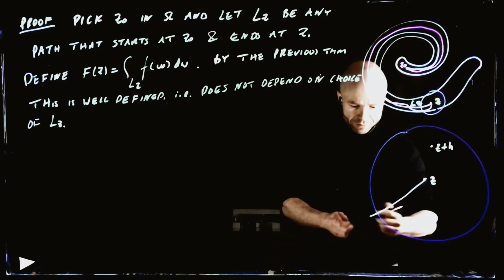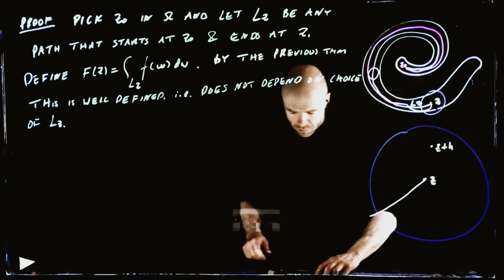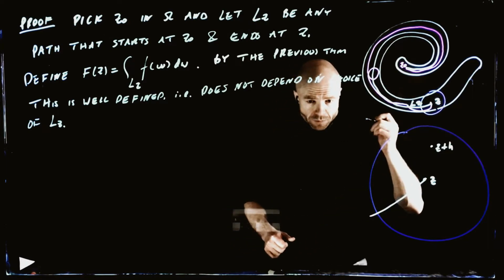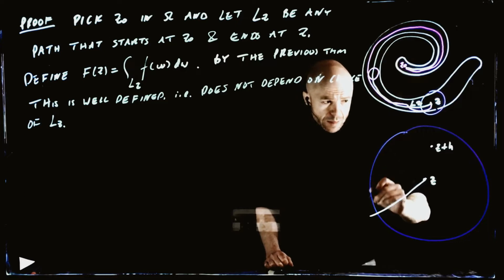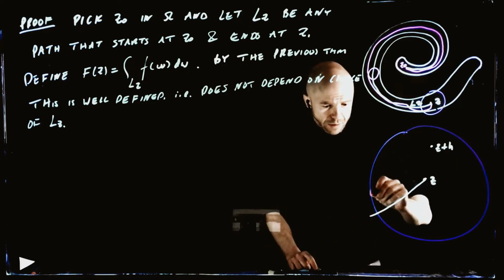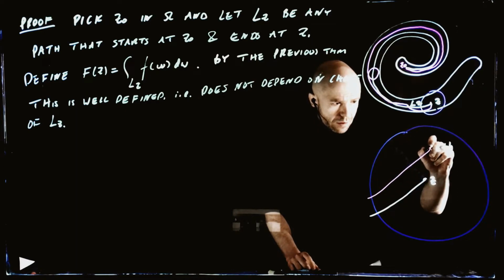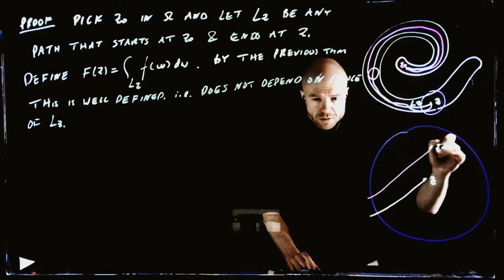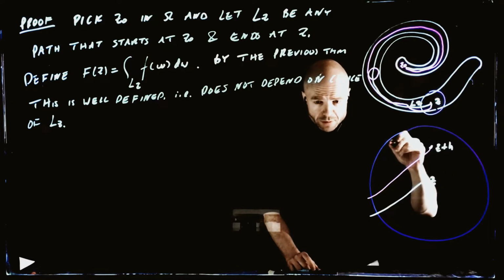So capital F of z plus h is what happens when we take any path that goes in and reaches z plus h, right? So it's the same for any path that does this.